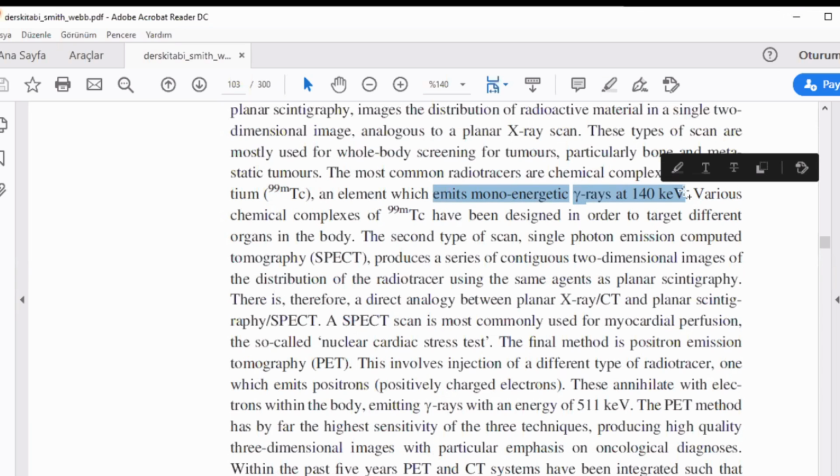Okay. So basically what we have learned in the previous hour was related to PET, positron emission tomography. In positron annihilation, it produces gamma rays of 511 keV. In other types of planar nuclear medicine, when you use technetium-99 for some specific investigations of, let's say, the thyroid gland on the neck, etc., their gamma ray energy is 140 keV.